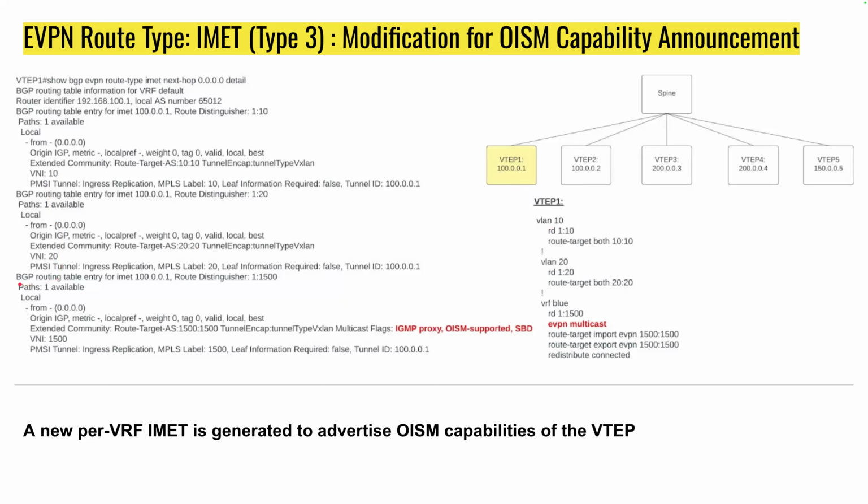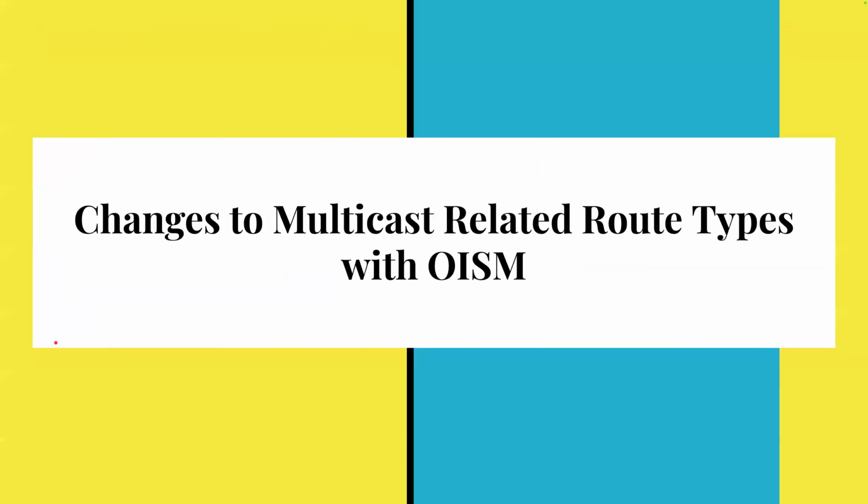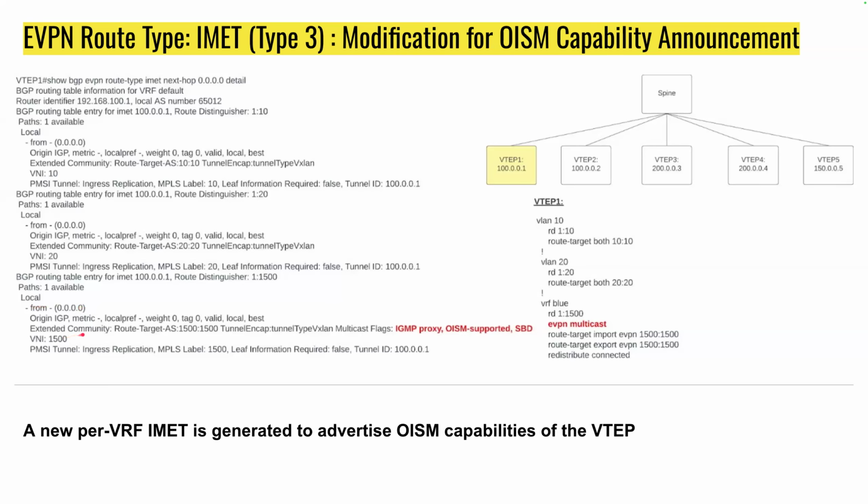And the third route that we see is with RD1:1500, which is the RD of the VRF. And this is the VNI that is given for the VRF. We need this to advertise the OISM capabilities to the neighbors.